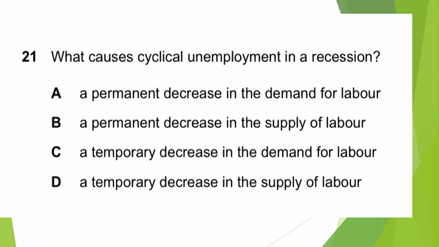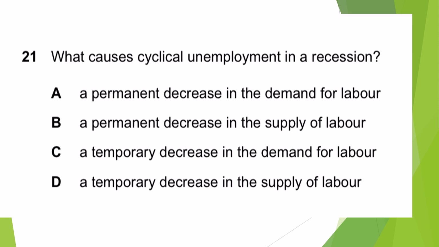What is the cause of cyclical unemployment in recession? Always remember that cyclical unemployment is due to the decrease in aggregate demand. As the aggregate demand for the product decreases, that would be cyclical unemployment.